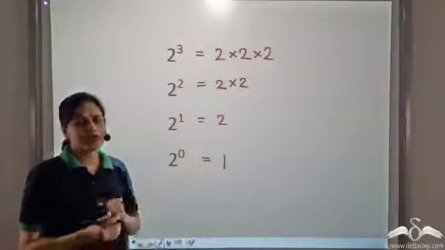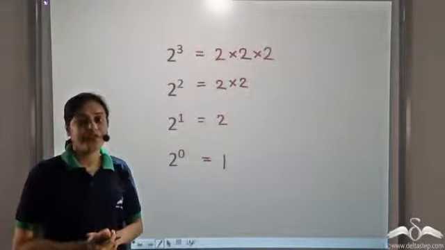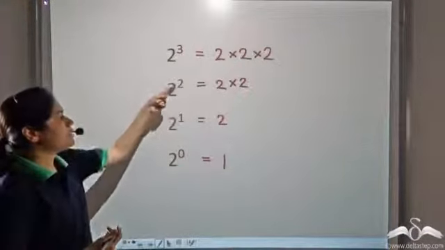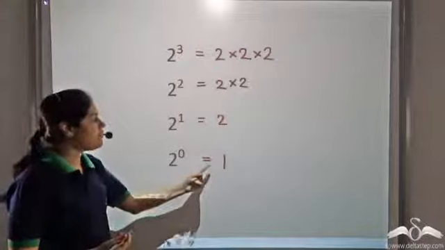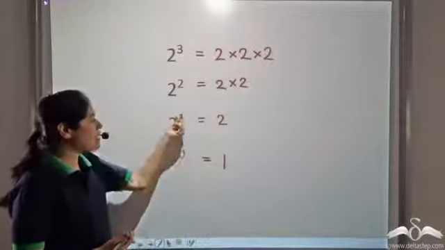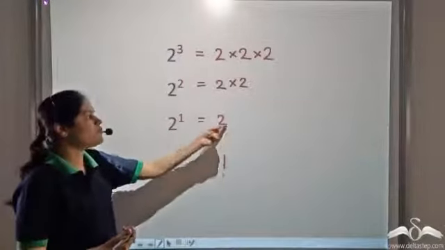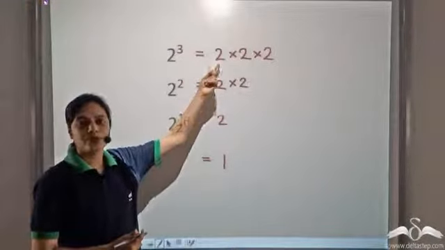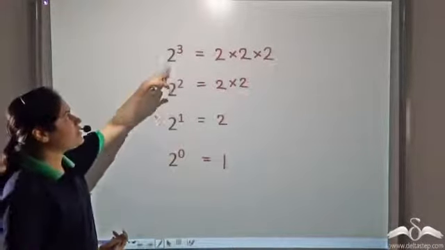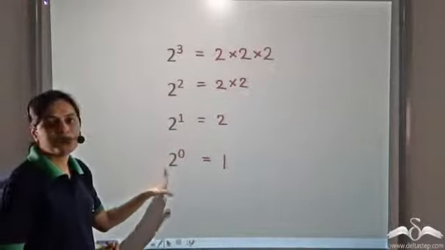Now, do you observe a pattern here? Well, yes, there is a pattern here. As the power increases by 1, we need to multiply by 2. Or, as the power decreases by 1, we need to divide by 2.